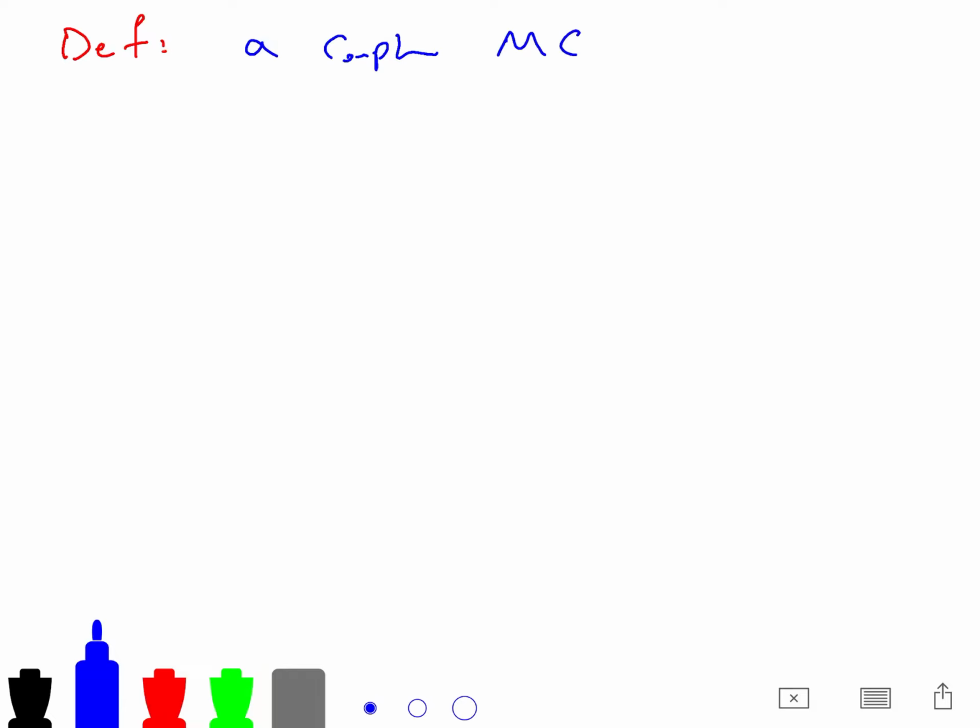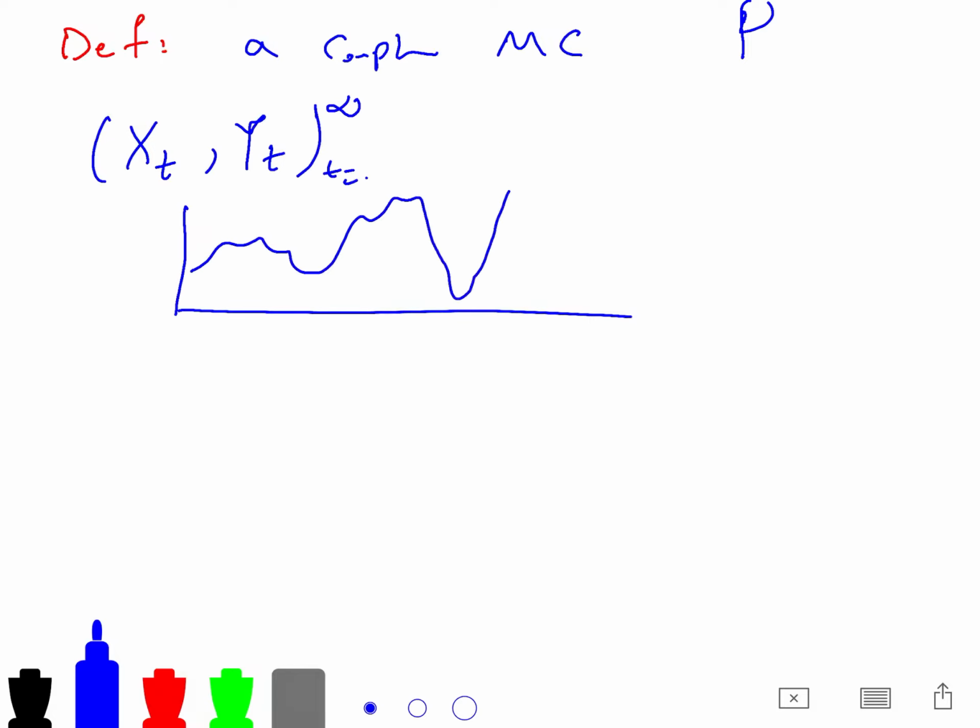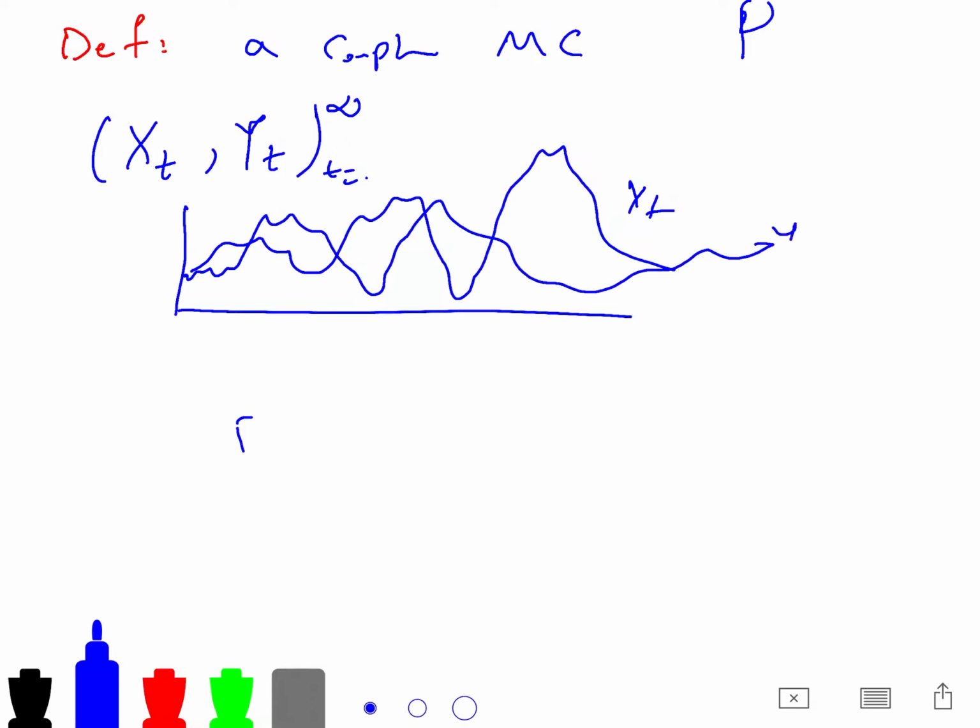So we can define a coupling of Markov chains with transition probability P as just a process X_t, Y_t. So process X, this is X of t, this is, for example, Y of t.